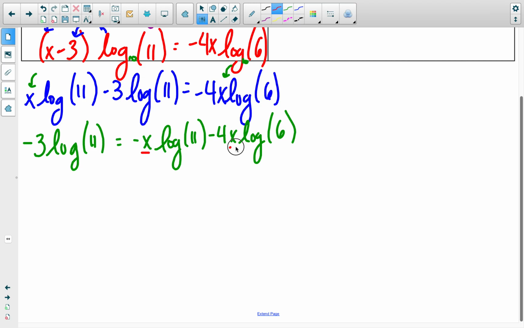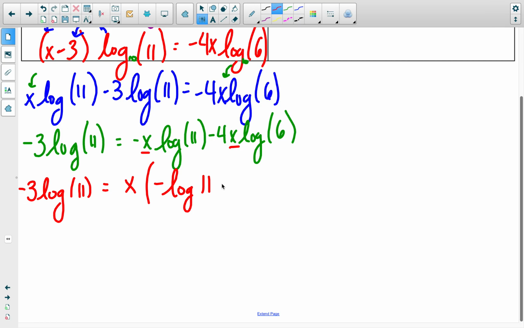Okay, this is just another way to solve these kinds of equations. Now we're going to factor out our x again because we're trying to get our variable isolated. So it's the same process that we've done before. It's just a little bit more involved because we can't cancel out any of our logs. And then now we have a number equals x times a number, so we can just divide both sides by this number, negative log 11 minus 4 log 6.